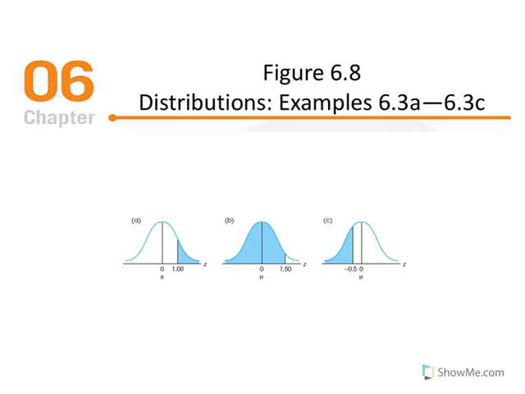Figure 6.8 refers and relates to examples 6.3 A, B, and C on page 160. So in A, we are interested in determining what proportion of the normal distribution corresponds to z-score values greater than z equal to 1. So first you're going to identify where z of positive 1 would be located.